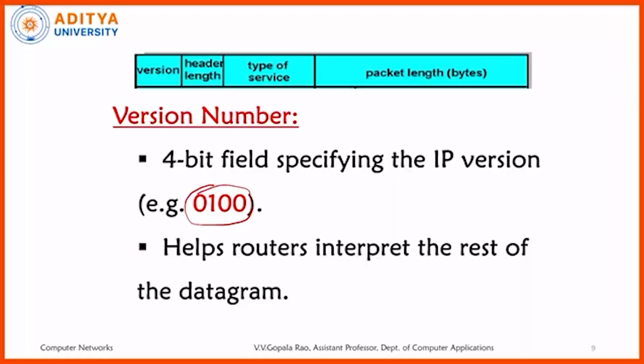It is fixed with 0100, nothing more than that, so that the router or any host can identify what version of protocol you are using. Based on that, they can make the necessary arrangements to get the information and forward it from host to host, which can be carried out by the routers properly.